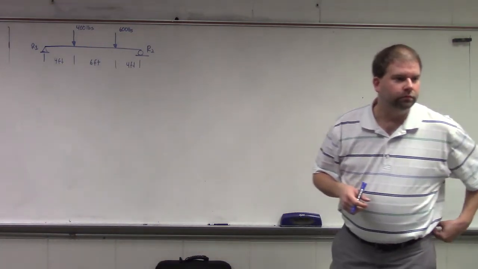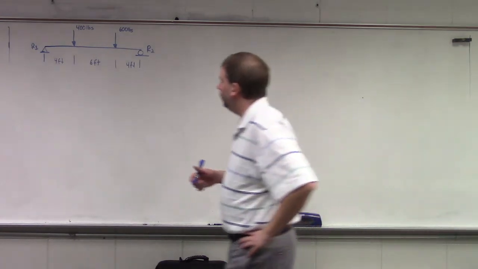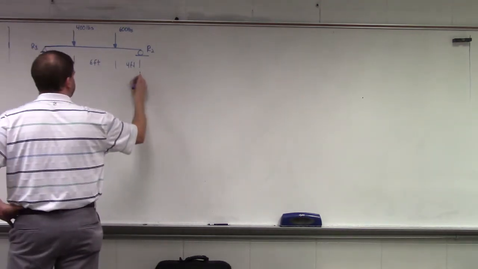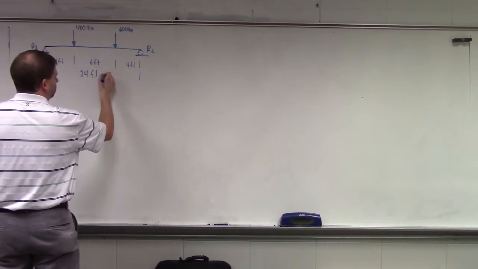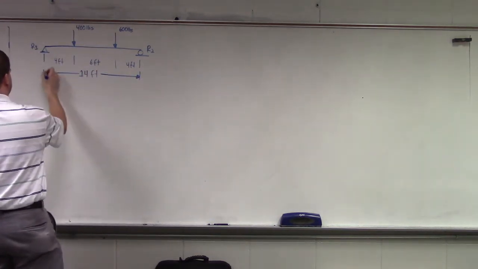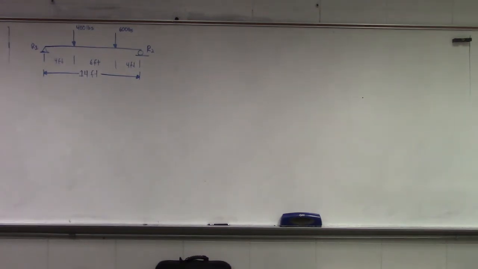So it's 10, 14, so R times 14. What's the total span of our bridge? 14 foot. So what three conditions do we have to satisfy to have equilibrium in our bridge?